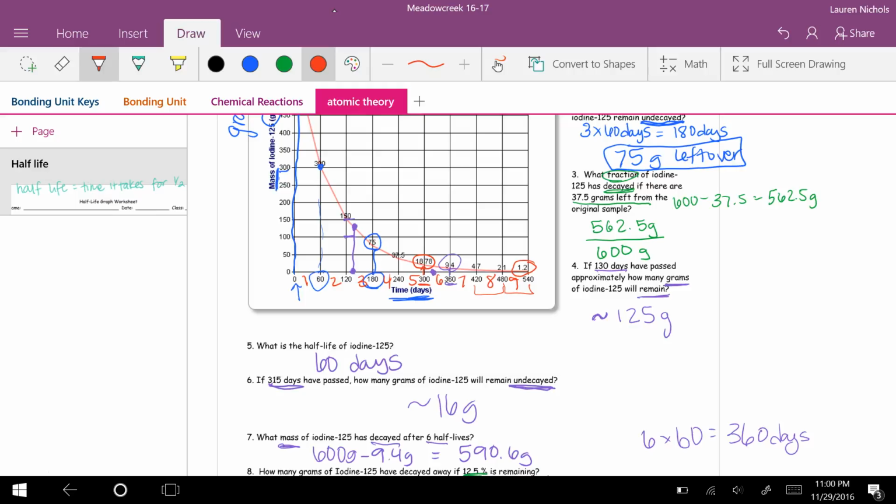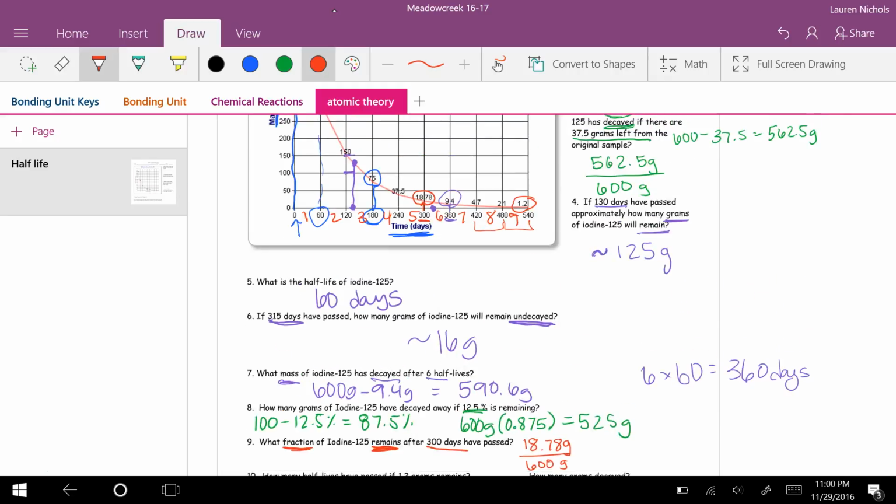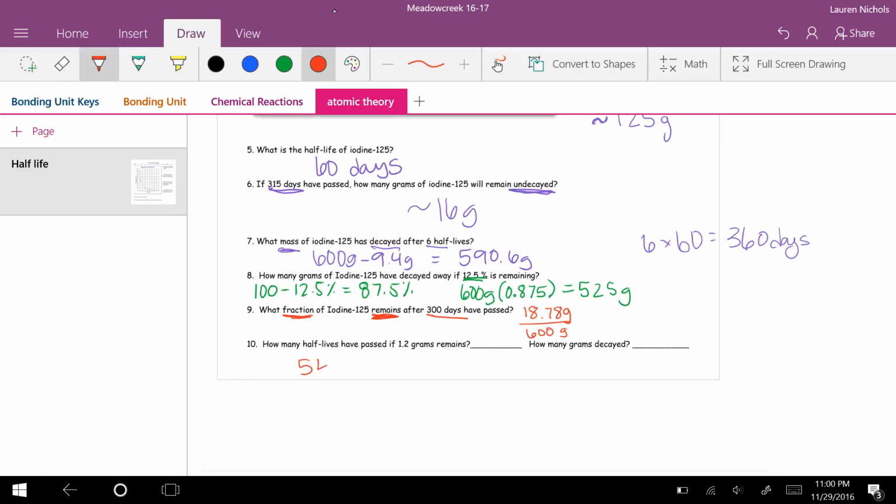So it's just really able to count the spaces. We could have also confirmed that by saying 540 days divided by 60 would have given us 9 half-lives.